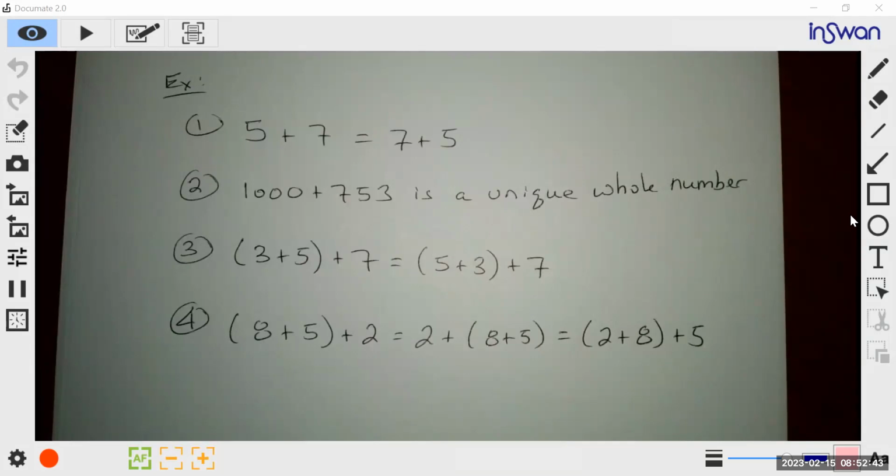So tell me which properties these demonstrate.